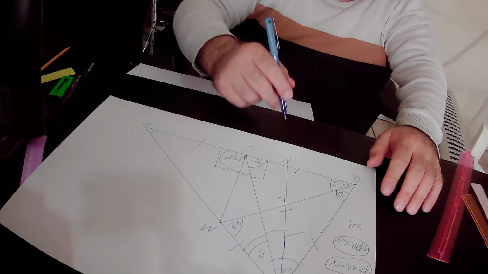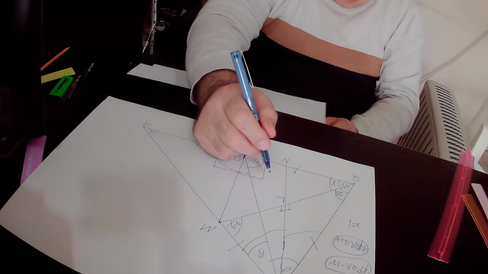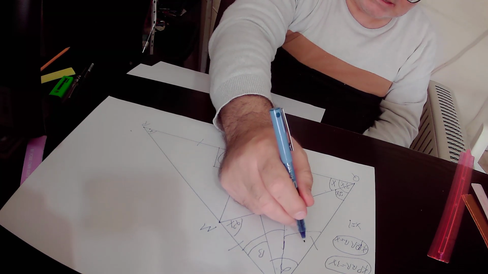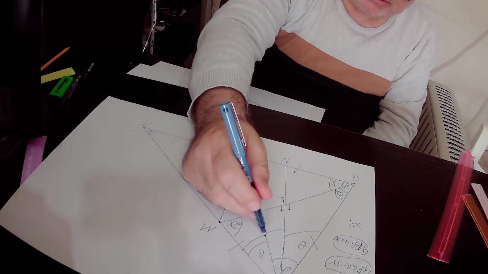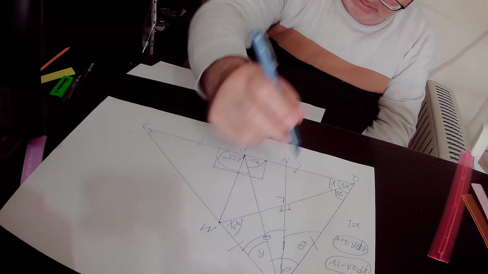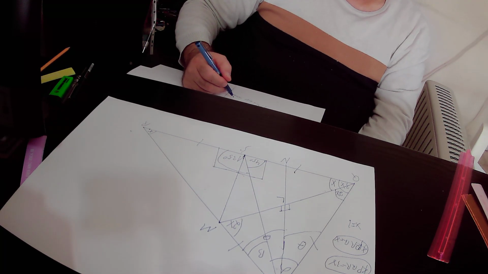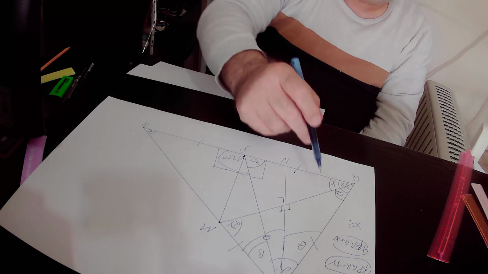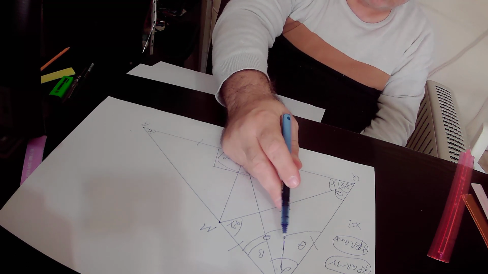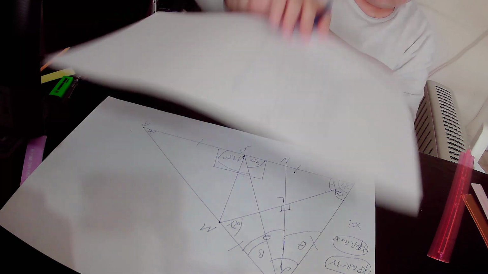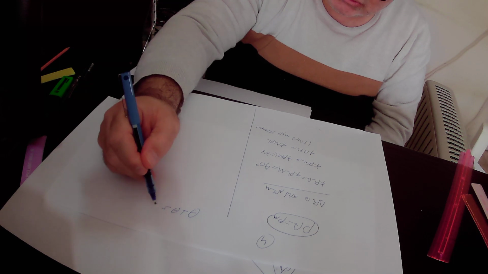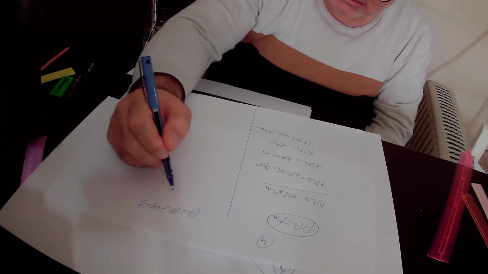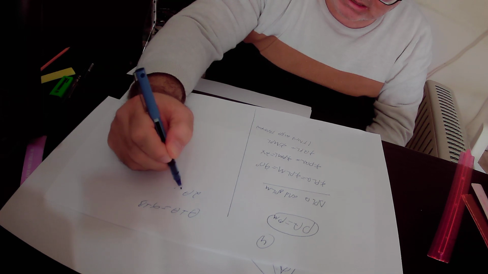So if we define this angle as theta, then this angle must also be equal to theta, and you can see from the drawing that theta plus theta equals alpha plus beta. So 2 theta equals alpha plus beta.